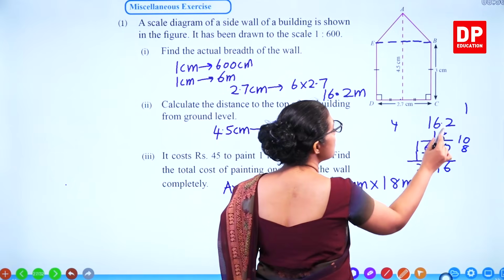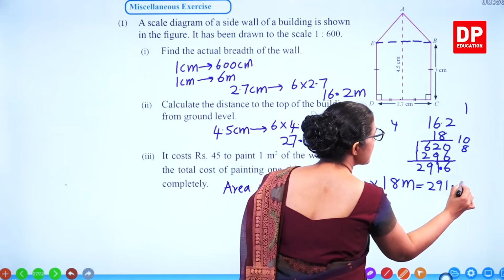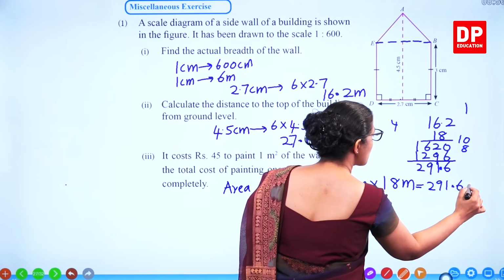So how many decimal place? 1. 291.6. This is square meters.